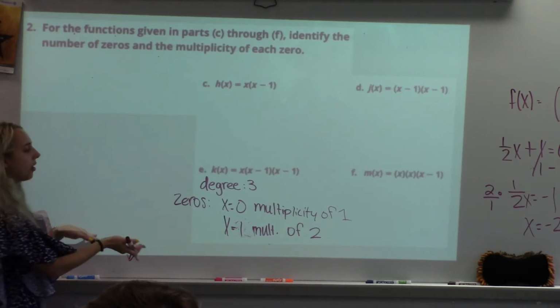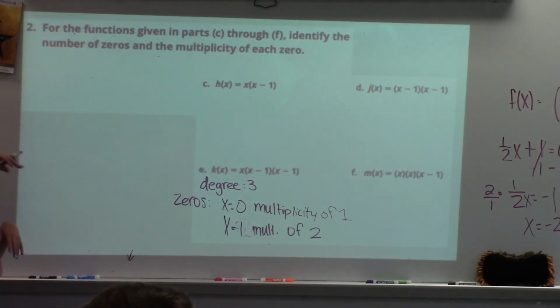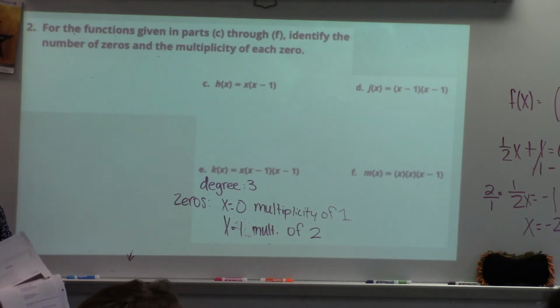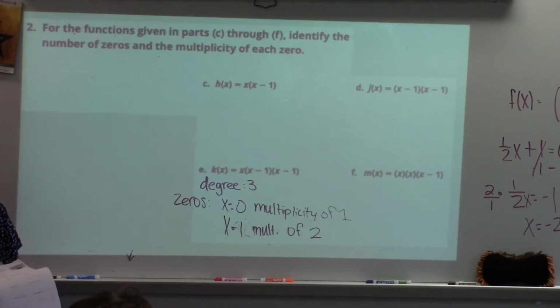This is why we're talking about multiplicity for C through F. So you'll do that, number 2, and also start looking at number 3. It asks what you notice about the degree in the function and the number of zeros it has. Go ahead and talk about that. I'm coming around, so right now we're working on that, getting started in your groups.